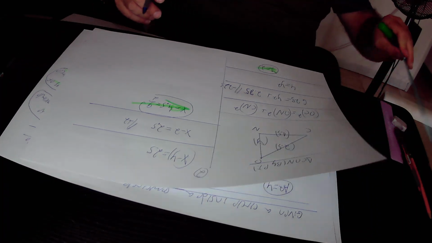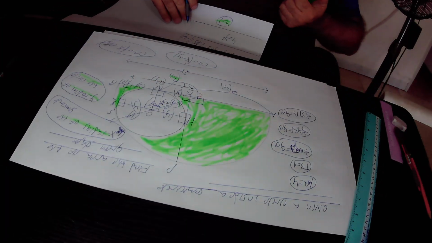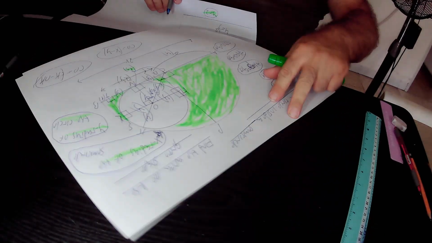Our task is to find the area of this green shape. So what is the area of the green shape?